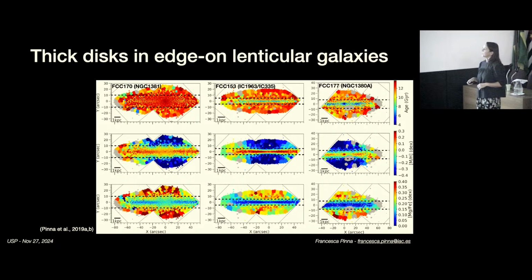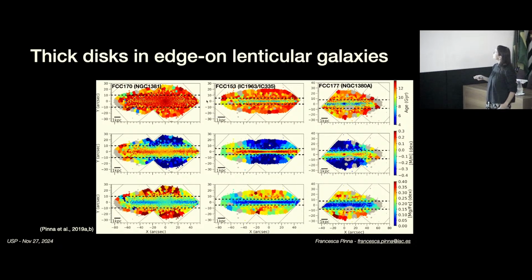These are the three galaxies in different columns. I'm showing the transition between the thin and the thick disk with these two horizontal lines. The thin disk is between the two lines, and the thick disk is above and below.